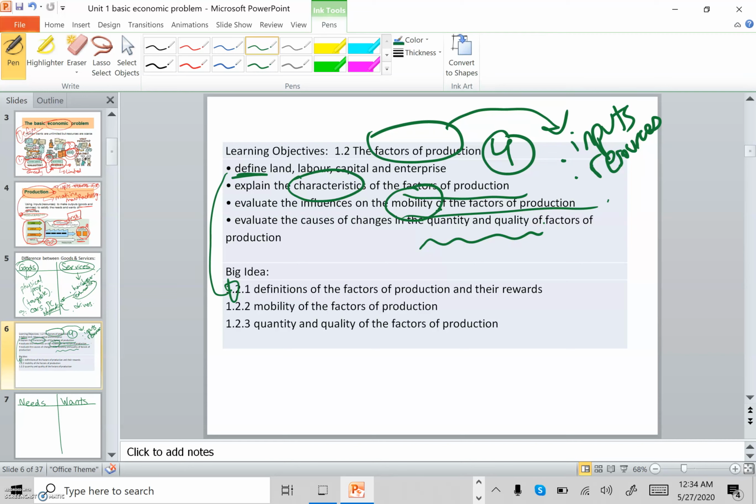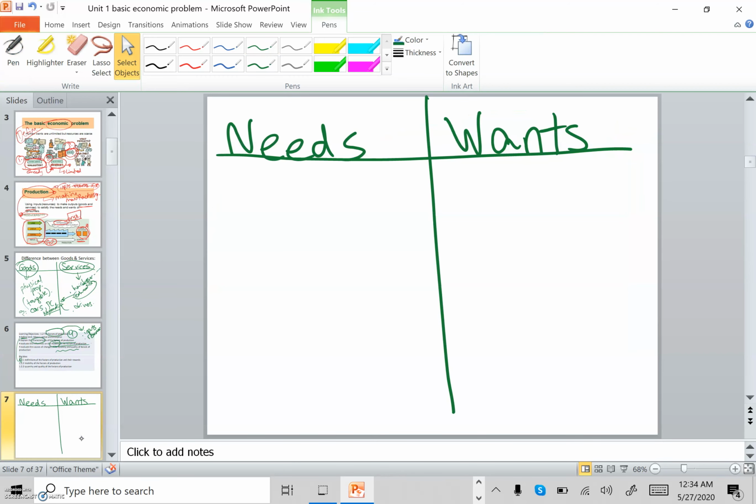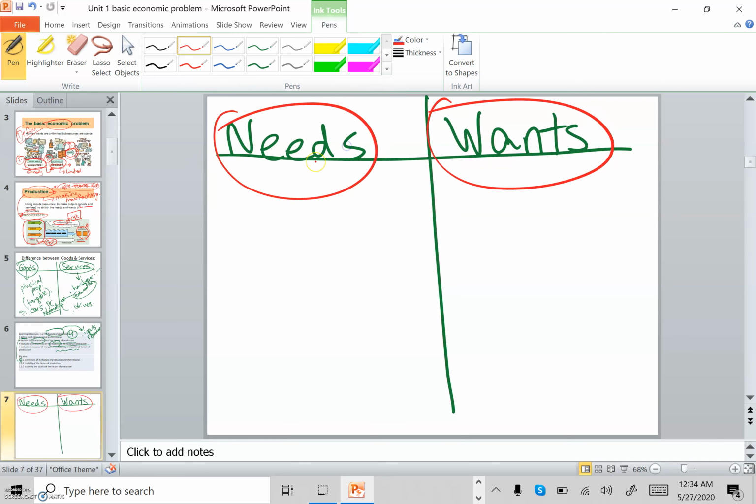Now, before we start with this, I will try to explain something very easy. I want you to think about what the difference between needs and wants might be. If you are asked to define need, remember, do not use the same term. I do not want you to tell me "I need it." You did not explain anything.